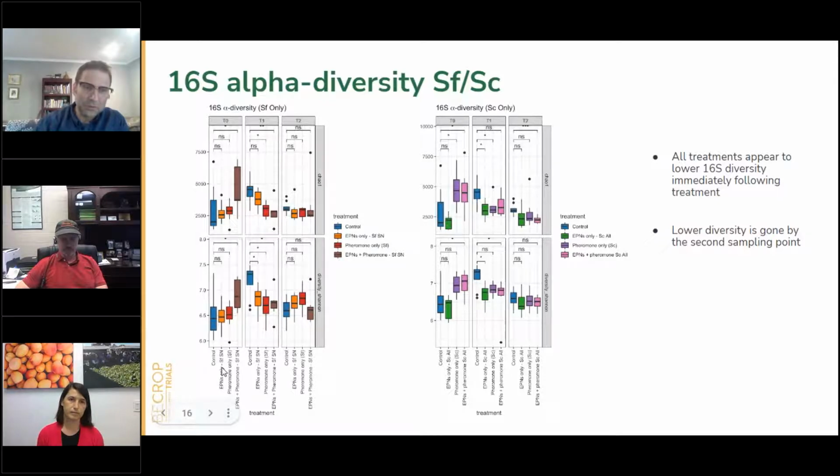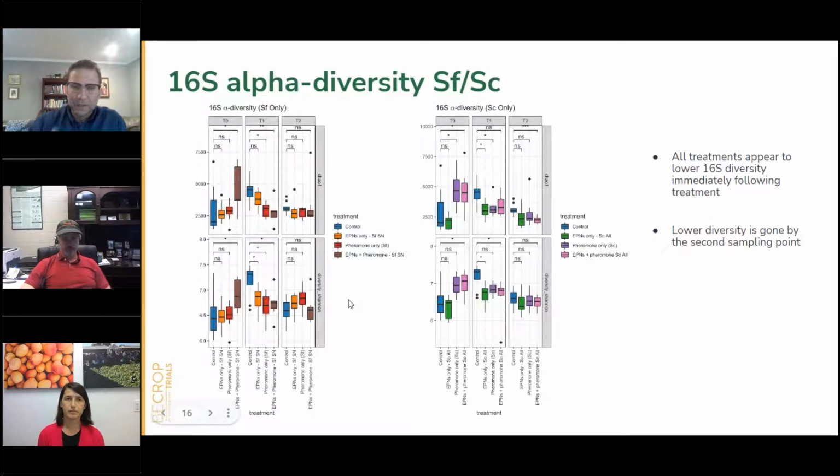The way we've divided it is we've got the pathogenic nematodes only, and then these are divided up into the Feltiae on this side, where SF is the Feltiae and SC is the Carpocapsae nematodes that we're looking at. So we're looking at two different types of nematodes and the pheromones.